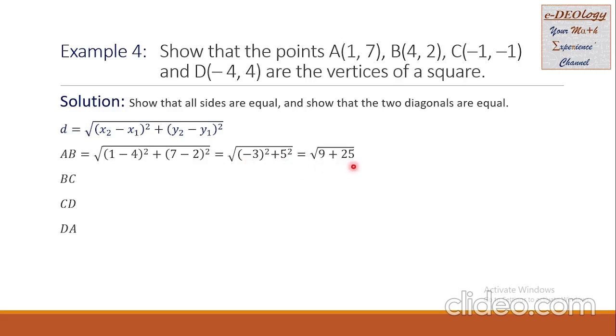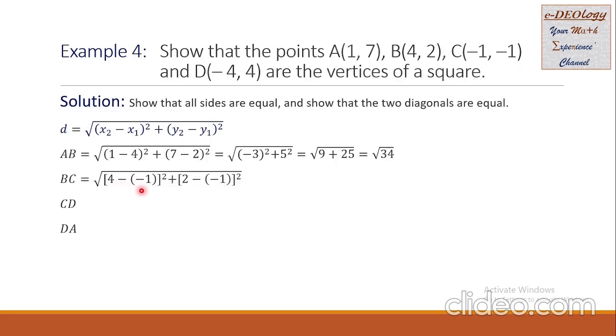The sum is 34. So for the side AB, it is square root of 34. Now, side BC. By distance formula, we substitute the values as 4 minus negative 1, then we will square, plus 2 minus negative 1, then we will square.